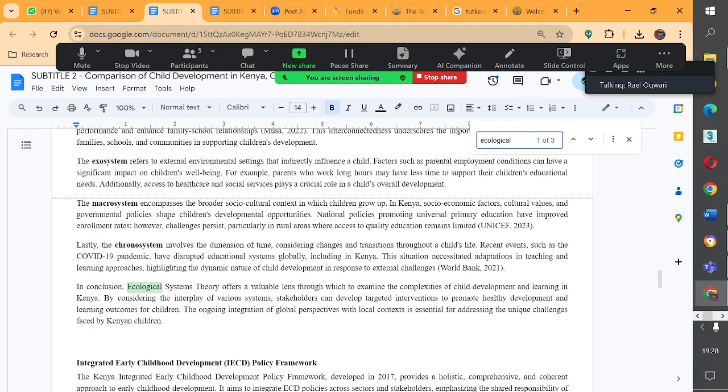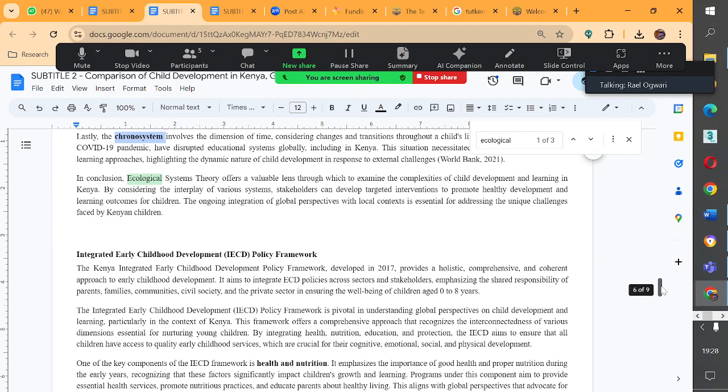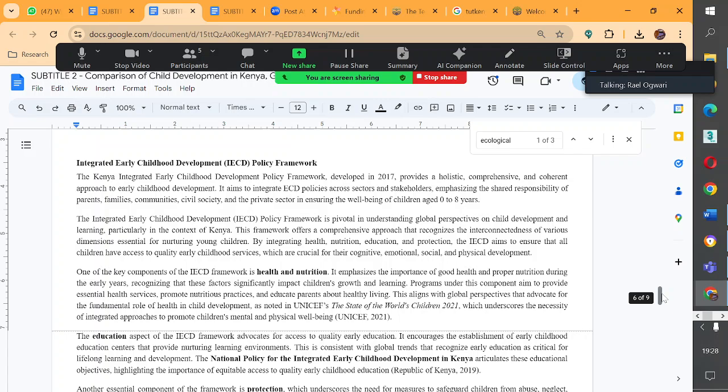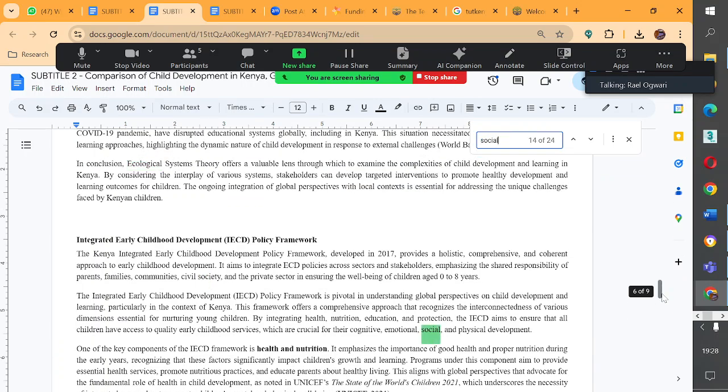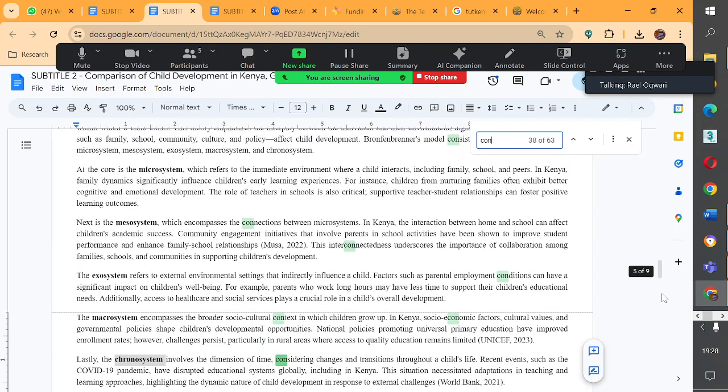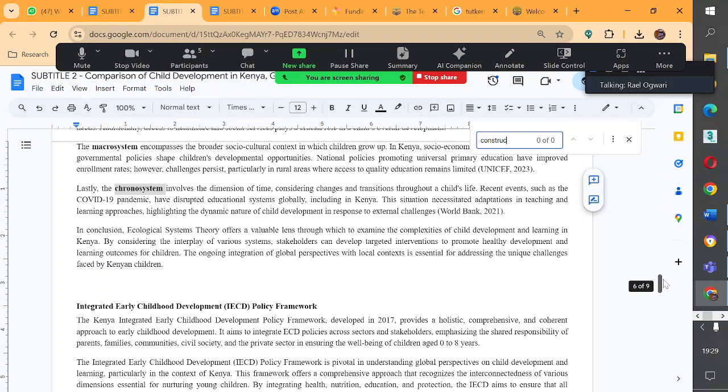Then beside that, we are also thinking of Vygotsky's social constructivist theory, which we also feel is very important in this study because it acknowledges the significance of social interaction and also the significance of cultural artifacts.